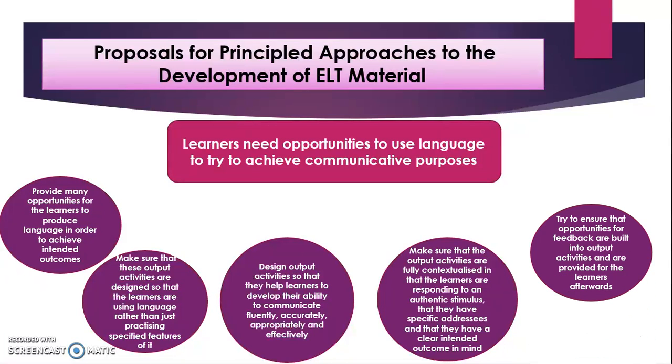And the last part is to try to ensure that opportunities for feedback are built into output activities and are provided for learners' output. So an example of material for the last one is material that shows how to produce a text, with development from one draft to the next.